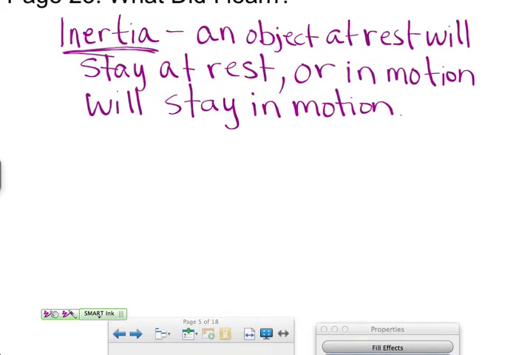It is because of inertia you put seatbelts on in a car. It is because of inertia you put a seatbelt on in a roller coaster. Because of inertia. So we can say inertia is also known as what? Newton's first law.